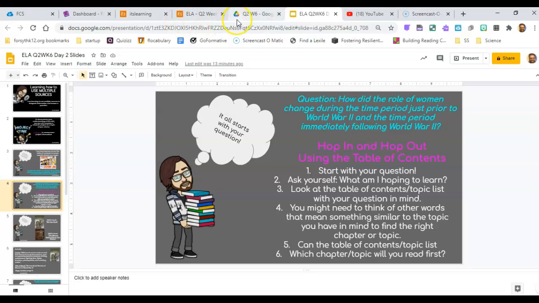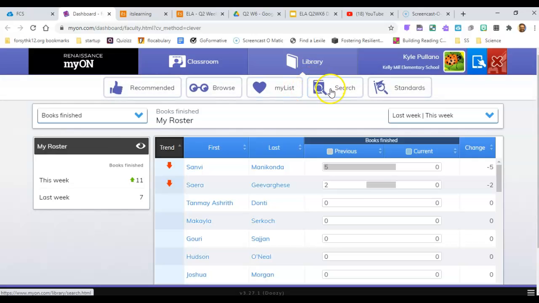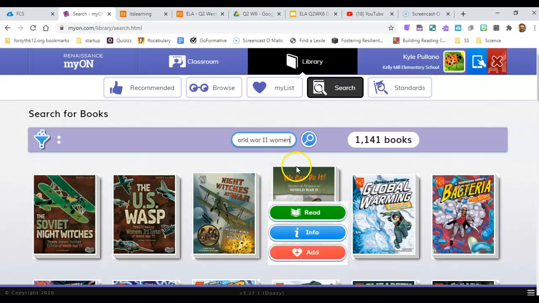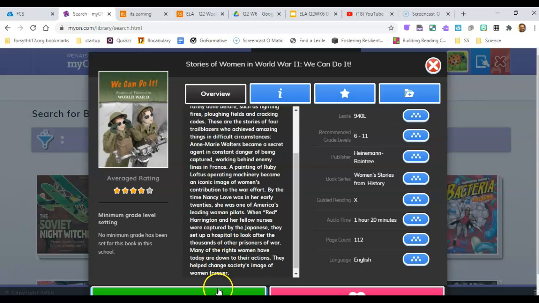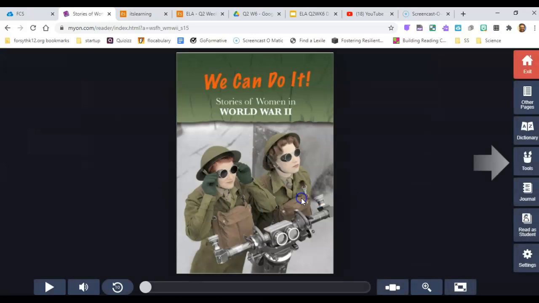For me, I'm going to go to Mayan, and what I'm going to do is search. Remember, I told you yesterday, it depends on the wording, but if you write out World War II, and I'm going to put women, it will give you this book that I talked about yesterday, and I'm going to read this. I'm going to continue the book.